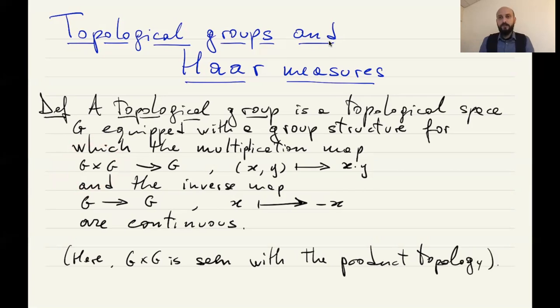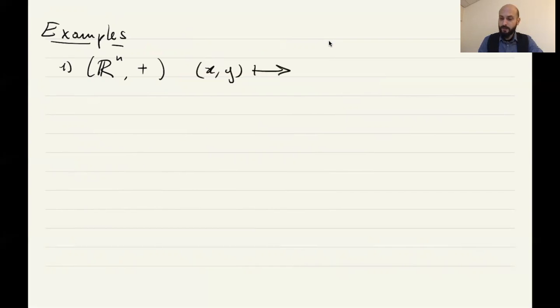Okay, good. So this is the abstract definition that we are going to use, but let's see some examples. The simple example is, of course, our favorite group, that is Rn. Here x, y goes to x plus y, now we write the multiplication as a sum, and the inverse is x goes to minus x.